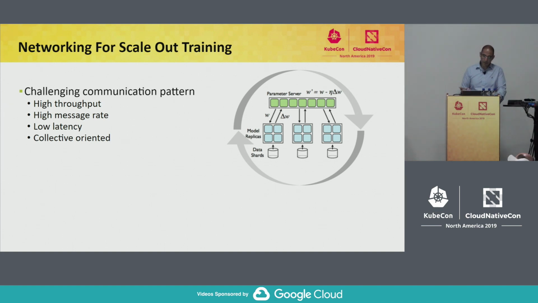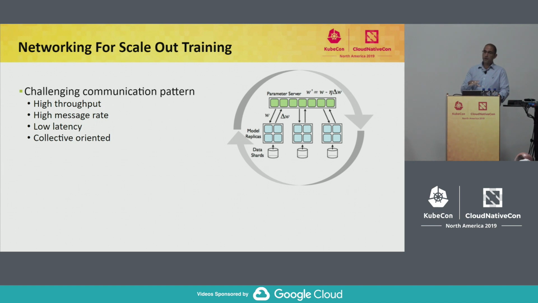It has very high message rate and low latency requirements. And it is collective in nature. What I mean by collective operation is that all those nodes are working together. They work on a mini batch, they communicate, and they wait for each other. So they work as a collective, and as a collective, you need to wait for everybody and synchronize everybody together.